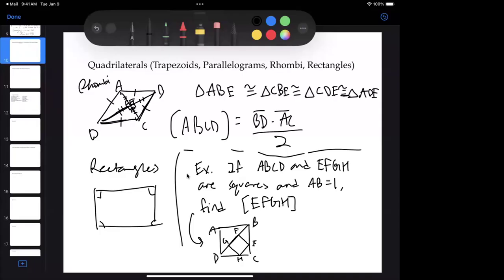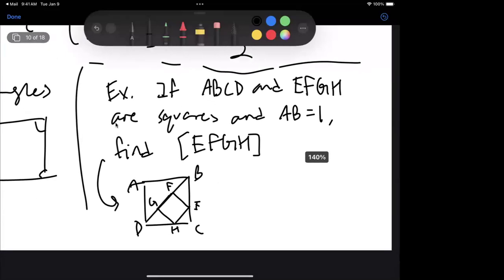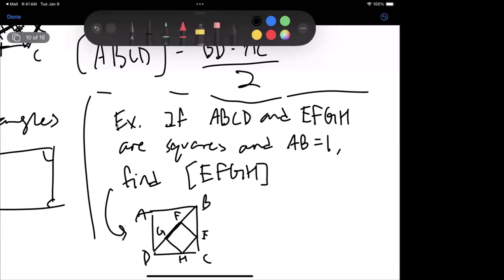AB equals 1. G and F are on diagonal BD, and it's inscribed, so H and F are also on sides CD and BC.